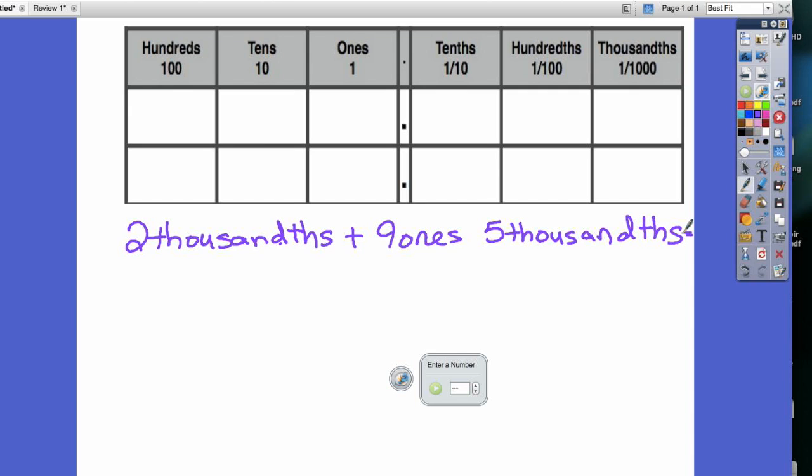There's 2 numbers up there. What I did is when you wrote 2000, I put 2000 in the 1000 space, and then the 9 in the 1 space, and then I added 5 to the 2, so it gave me 9 and 7 thousandths. So yours looks kind of like this. You have 2 thousandths. And then 9 ones and 5 thousandths.